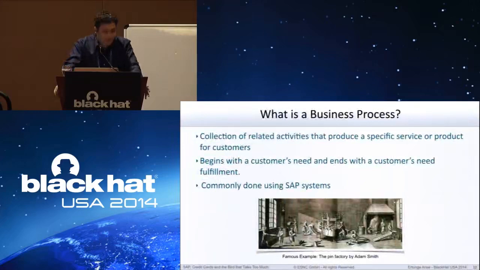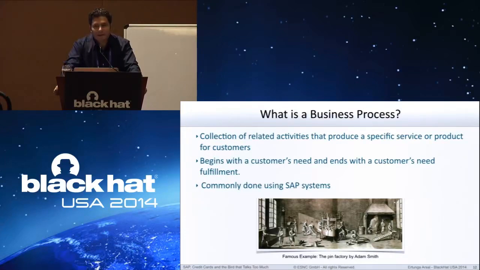First, what is a business process? A business process is basically a collection of activities for producing a special service or product for customers. So they start with the customer's need and they end with these needs' fulfillment. The famous example here is the pin factory by Adam Smith.